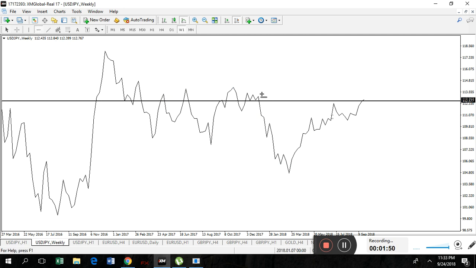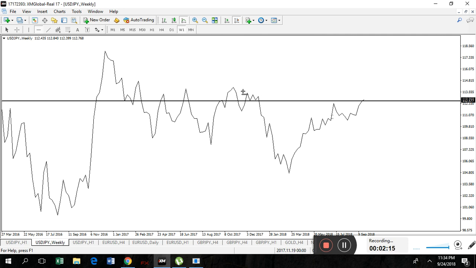Before we go further, let me explain what support and resistance is. Support and resistance is essentially where price always bounces or turns when it gets there. Price must have turned at least twice at a certain price point for that price point to be called a support or a resistance area.